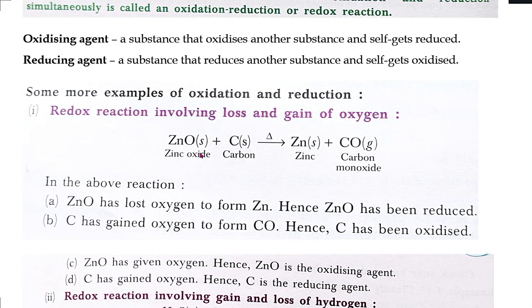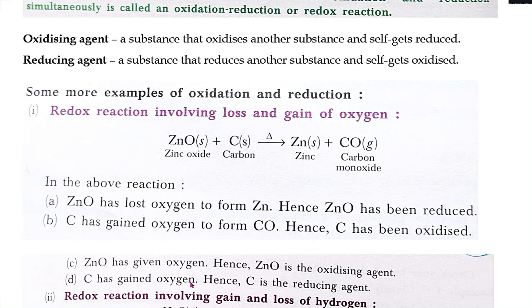We can say that ZnO is the oxidizing agent because it causes oxidation of carbon, and zinc oxide has been reduced. So an oxidizing agent is the substance that oxidizes another substance and itself gets reduced. Here zinc oxide is getting reduced, so it is called an oxidizing agent.